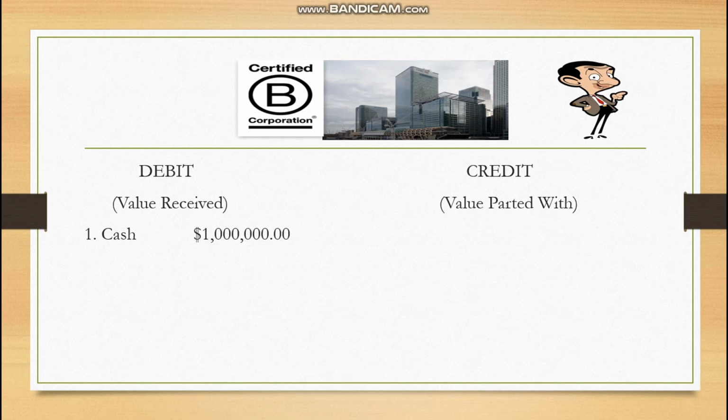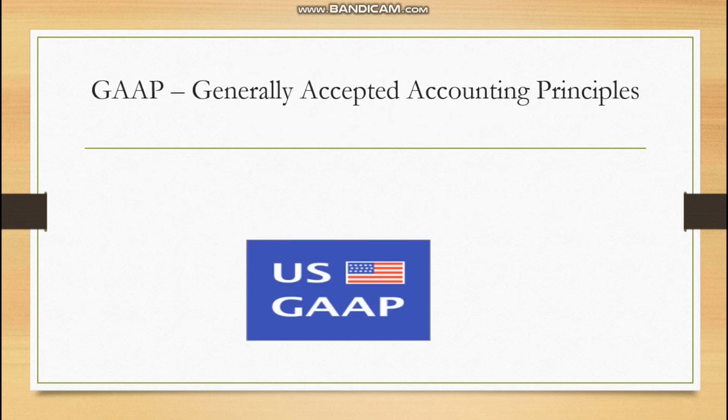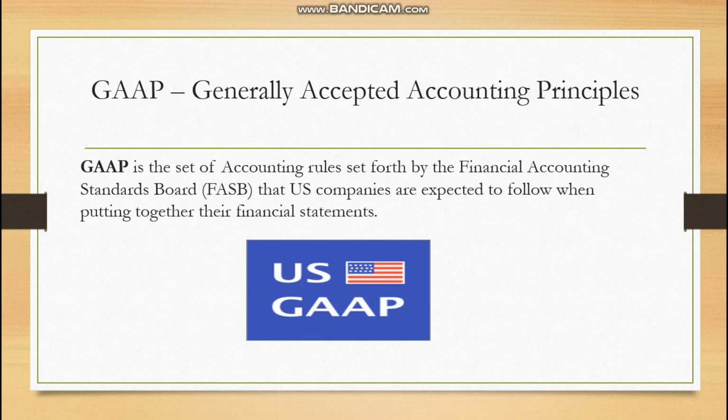Well, allow me to have a minute first to give you some information about GAAP. GAAP stands for Generally Accepted Accounting Principles. GAAP is the set of accounting rules set forth by the Financial Accounting Standards Board or FASB that U.S. companies are expected to follow when putting together their financial statements.